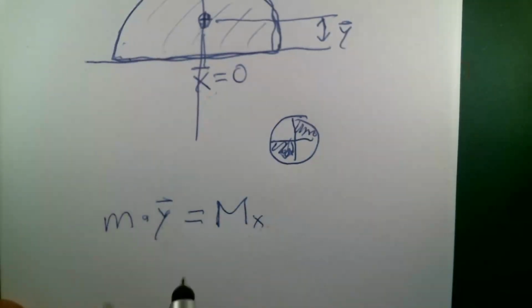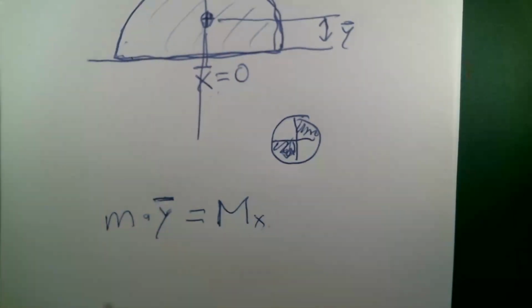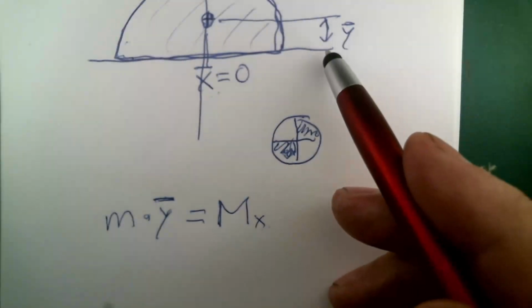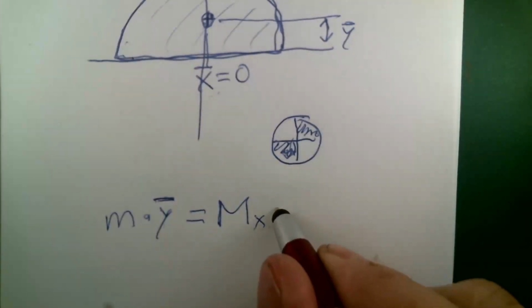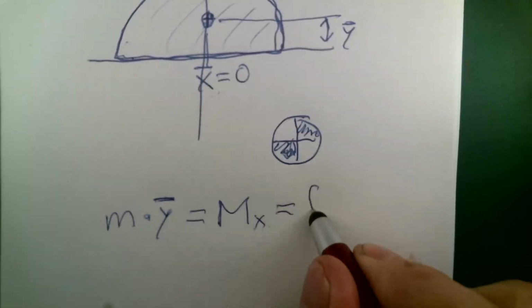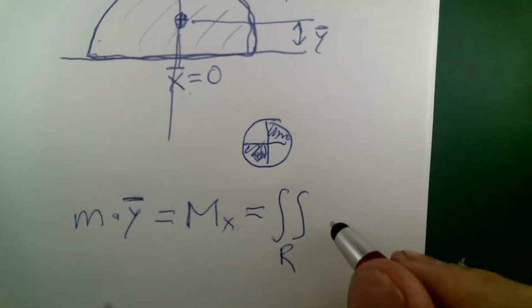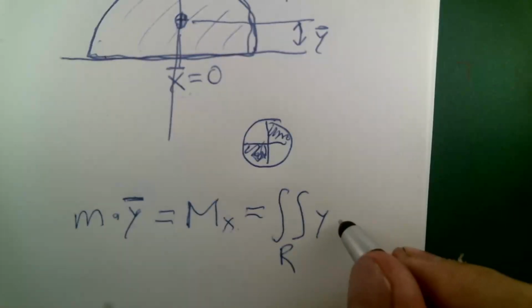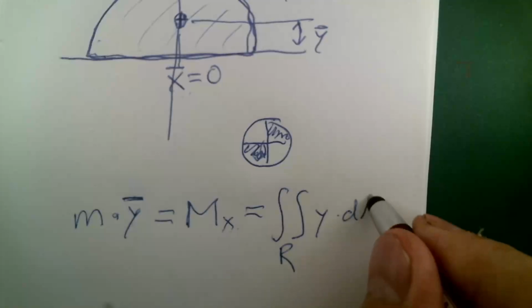We're thinking about the y coordinate of the center of mass, or the centroid here, but those y numbers are how far you are from the x-axis. So that's the moment about x, and the moment about x is defined as a double integral over your region of the y-coordinate of a point times the density, which I said was going to be 1, times differential area.